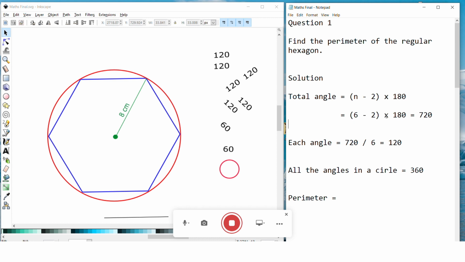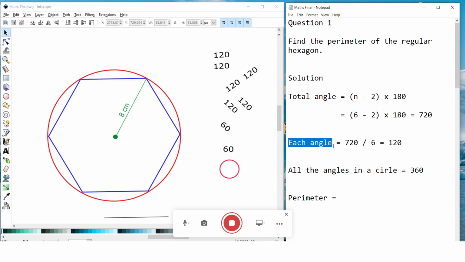We multiply that by 180, which gives us 720 degrees. That means if we add up the 6 angles, all the angles add up to 720. But keep in mind it's a regular hexagon, which means all the angles are the same.